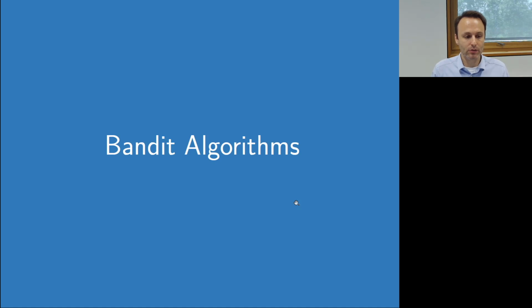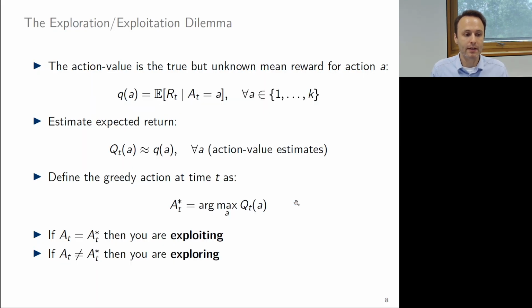To understand this, we need to define the exploration-exploitation dilemma. And basically, for each action, for each arm, there is an expected reward that we denote by Q(a). And we estimate that in our experiment for each time step that we have there. And if we always take the best arm, then we are greedy.